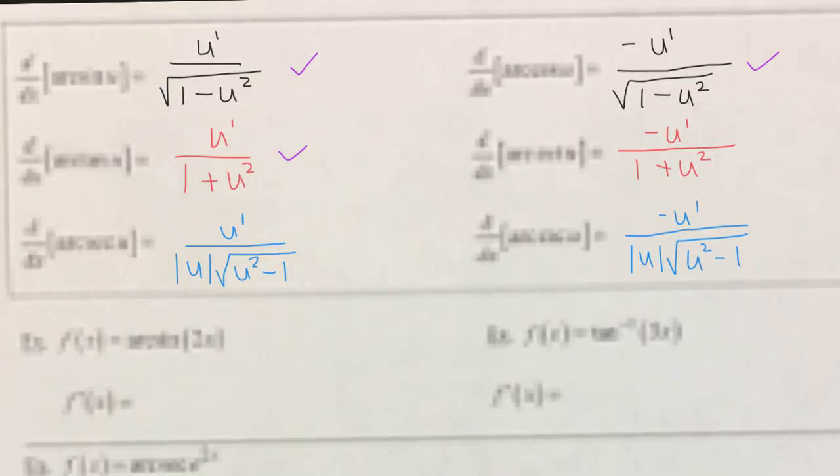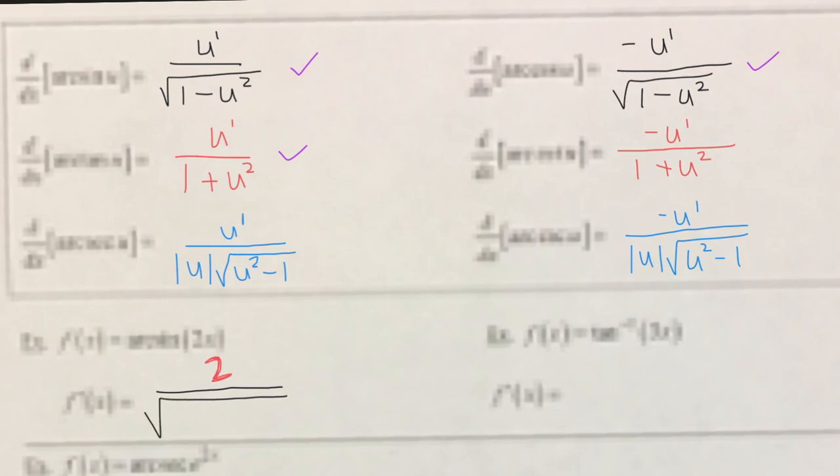So let's see if we can use this to find the derivative of arc sine of 2x. Okay, so the formula says, in the numerator goes the derivative of your parentheses. So the derivative of 2x is 2. So we have a 2 in our numerator.